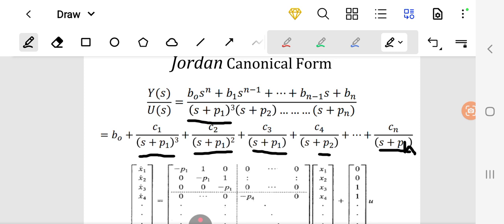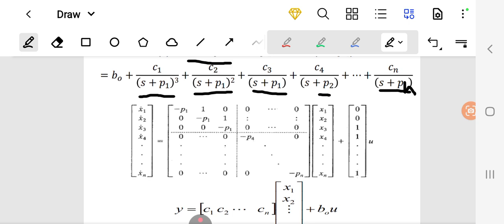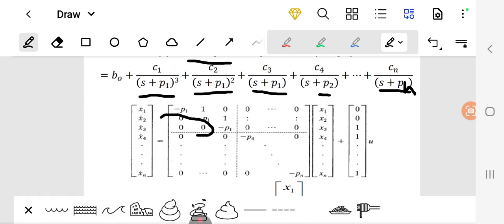As the diagonal form we have seen in the previous slide, we will put negative p1, negative p1, negative p1 as we have a repeated pole, which is p1, 3 times. The rest under these three poles is zeros, and above them we have 1 and 1 and 0.